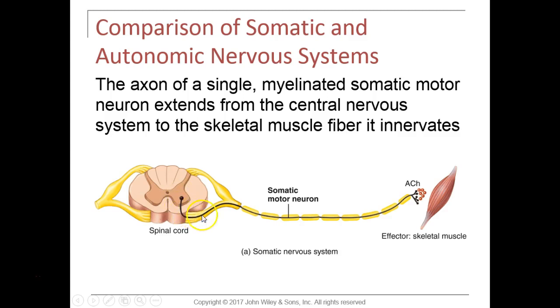It's leaving the spinal cord, going out straight to the effector, which is skeletal muscle. So there's only one neuron before it reaches its effector.